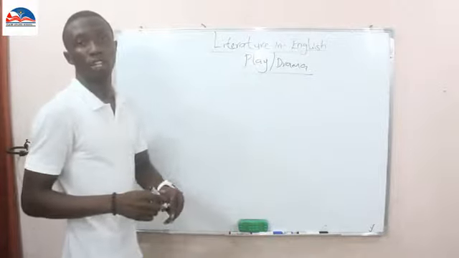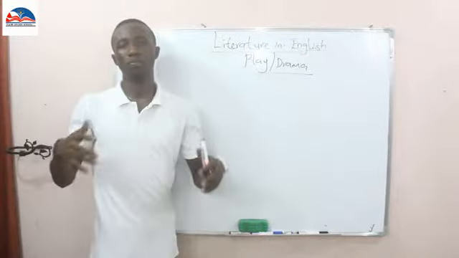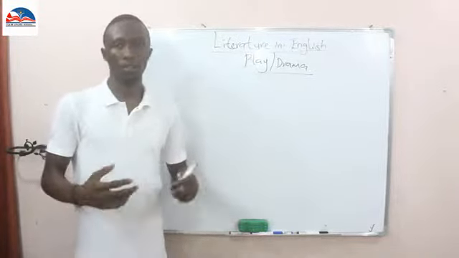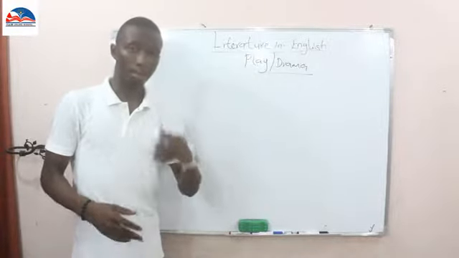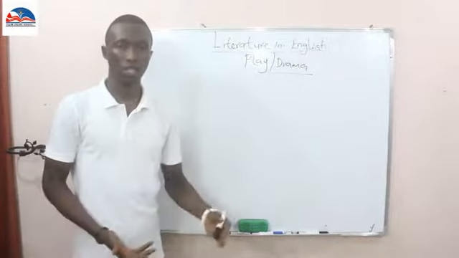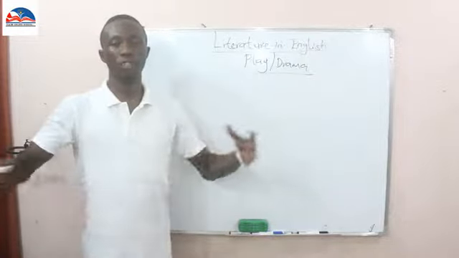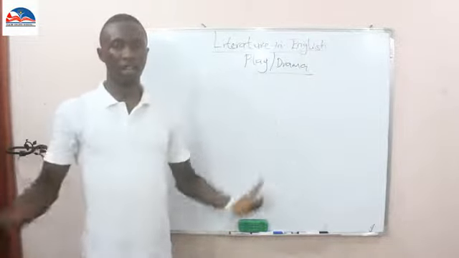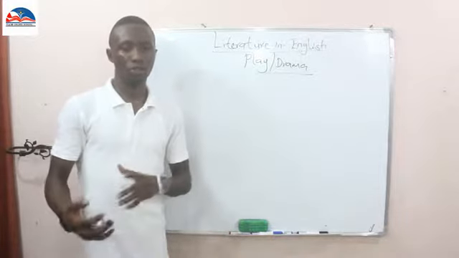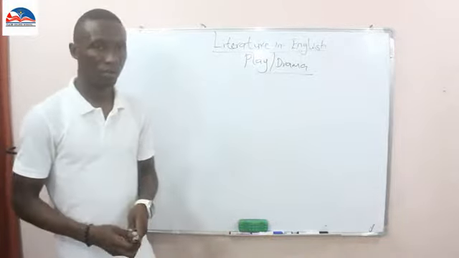Now in our previous engagement, we said that play and drama is also a subgenre of literature. Now play is meant to be acted on stage. It's a work of art meant to be acted on stage. And there are different characteristics, different features of a play. We are going to look at them.